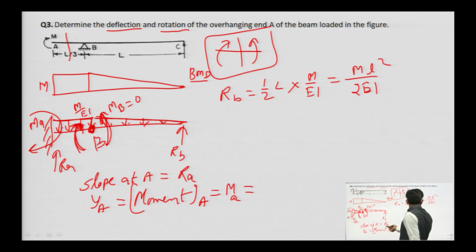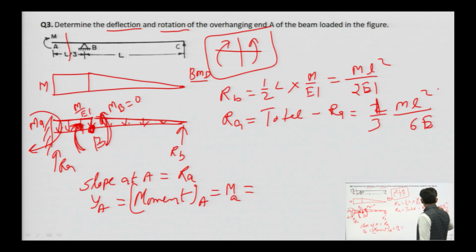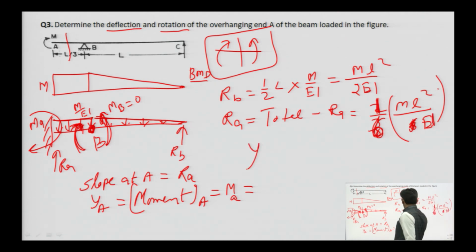So, slope at A: this is R B. The value of R A will be the total load minus R B, and you can calculate it as M L square by 6 E I, which is 1 upon 6 E I. Similarly, Y can be calculated as 2 by 3 M L by E I. So, do it by yourself.